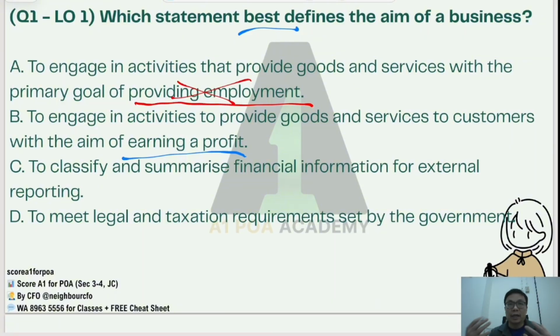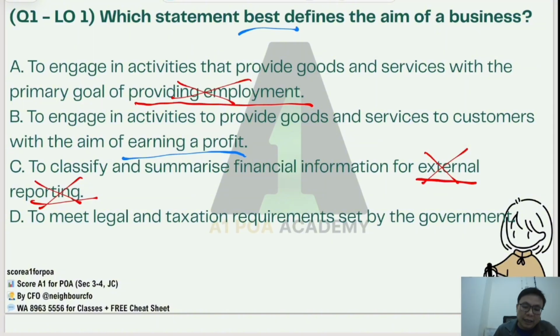Meaning that when there's a transaction in terms of delivering the goods and services, first you prepare the production activity, then you have the marketing activity, then subsequently you talk about the post-transaction activity, which is accounting. So in this instance, this is not the main primary aim of a business, and therefore this is not the case.